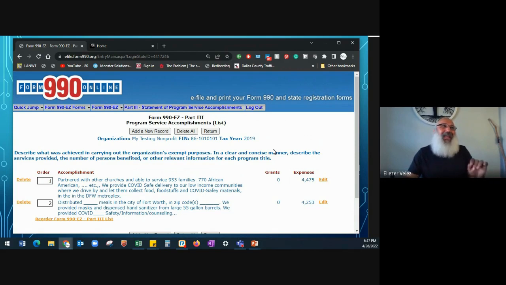Short answer to that, if you can believe it, I would say it all depends on if you're going to be stressed out because you want to do this filing and you really don't need to, I wouldn't do it. But I've seen situations in which organizations that don't need to file this have been asked for this form so that the other entity can see clearer into how this entity operates.